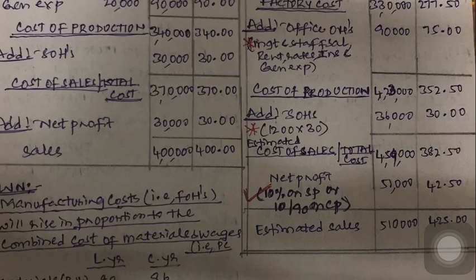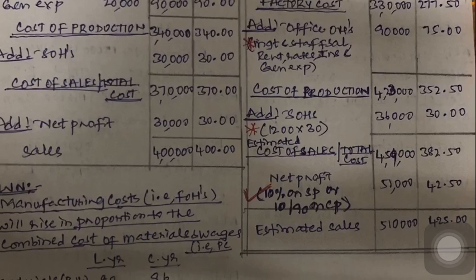In this sum, the important points are point number 4, that manufacturing cost will rise in proportion to the combined cost of materials and wages. Fifth point, selling cost per unit will remain unchanged. Sixth point, other expenses, meaning other than manufacturing cost and selling cost, that is office overheads, will remain unaffected by the rise in output.